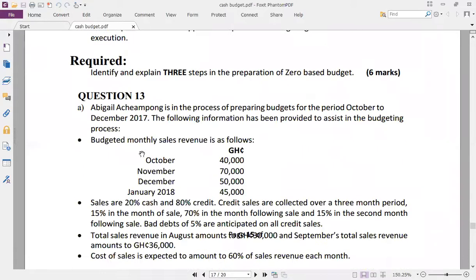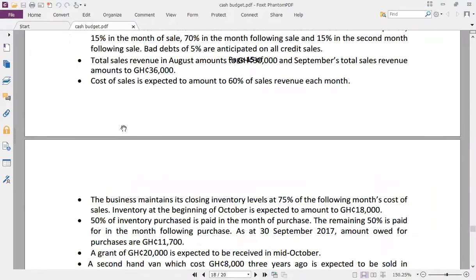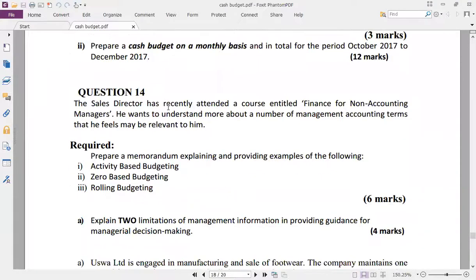Zero-based budget, the steps are also in there. Question 13 has also been solved. That is Abigail a champion. This is the November 2017 cash budgets. Go through these cash budgets and take your time.